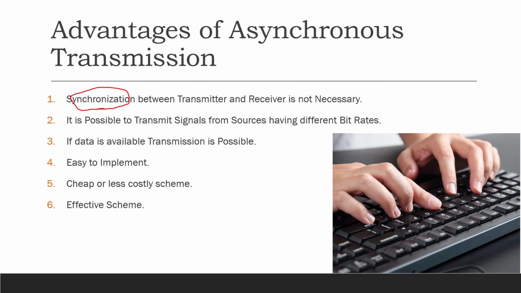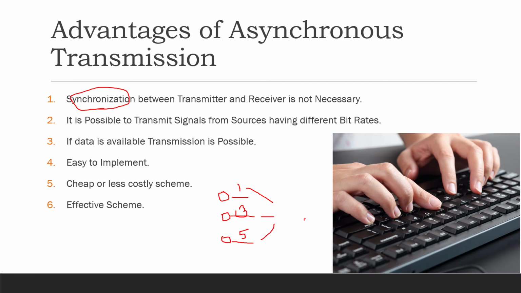Second, it is possible to transmit signals from different sources having different bit rates. For example, these are three different sources and they are generating some binary information at different frequencies. If the frequency of the first is 1, the frequency of the second is 3, and the frequency of the third is 5, these three are operating at three different frequencies, which means their data rates are different.